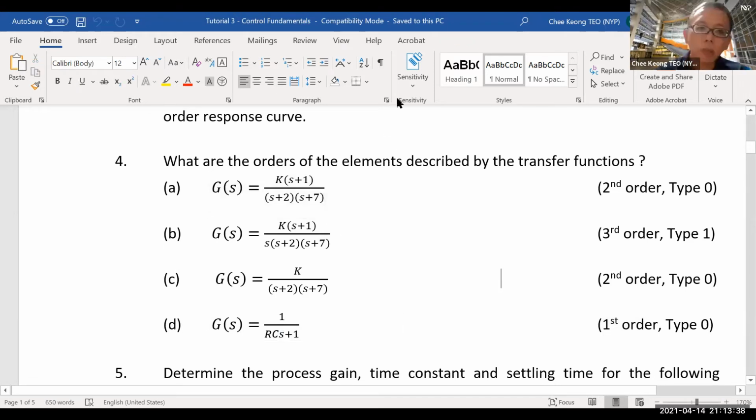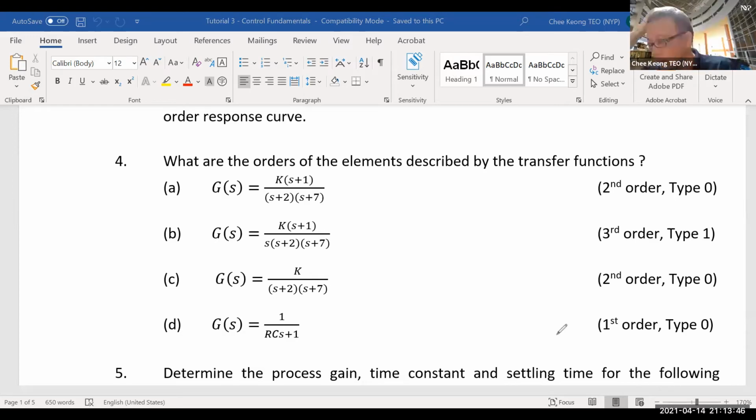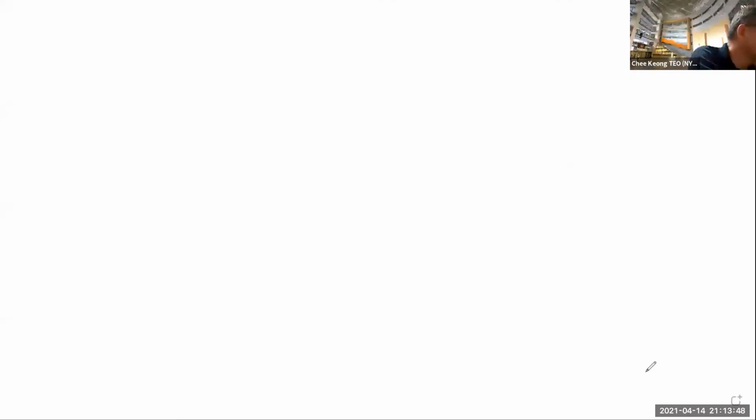Now, if we talk about the type, let me illustrate using the whiteboard. Give me a while to set up the whiteboard.